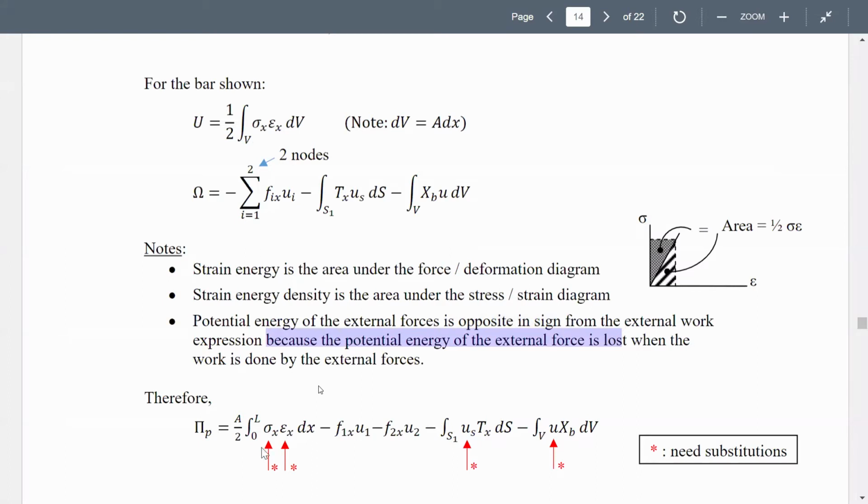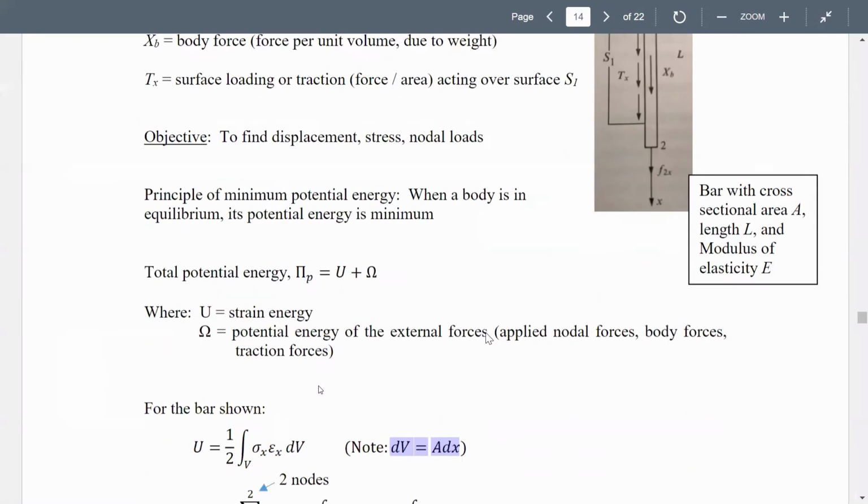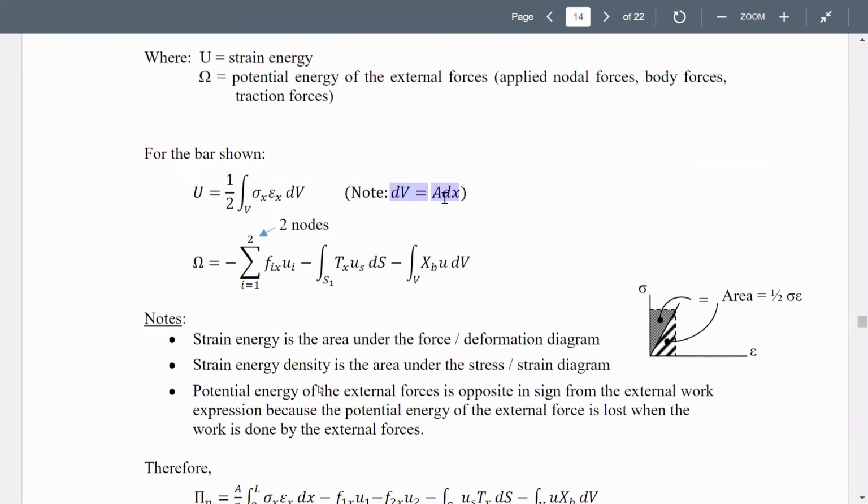So put everything in the total potential energy, and then make some substitutions here. This is a dV. For dV, we can write cross-sectional area times dx. This is this bar. So the differential volume of this would be just cross-section area times dx. So this is A dx.